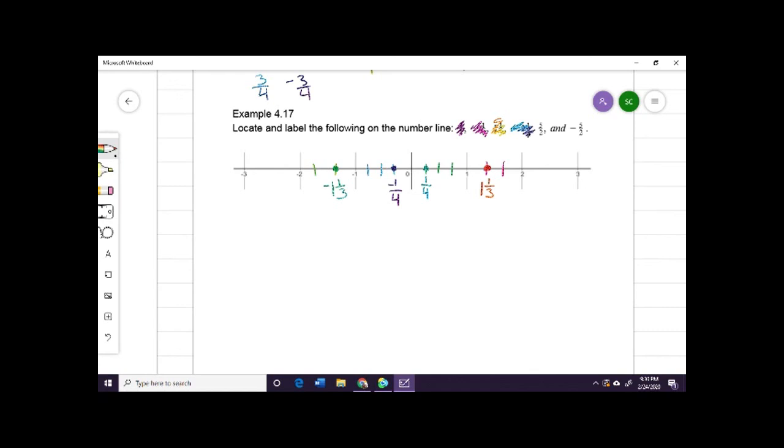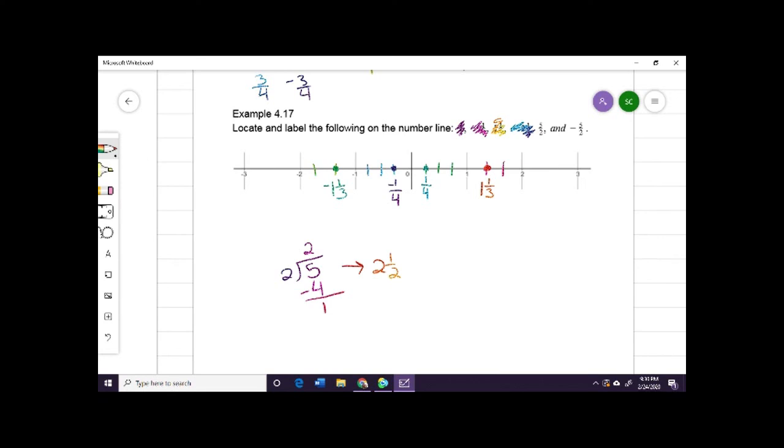And lastly, 5/2 and negative 5/2. So let's change this to a mixed number. So our mixed number is 2 1/2.